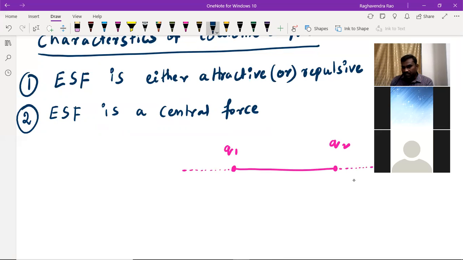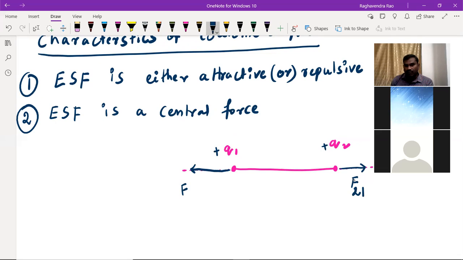Now, if these are positive charges, for example, like charges, plus plus, this will exert a repulsive force on this, that means in this direction. There is force on the second charge due to the first charge, F21, directed in this direction. This charge will be repelled in this direction.